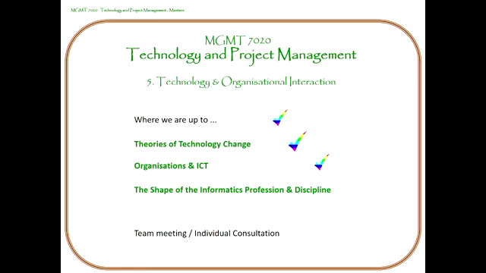Okay, so I'm going to just push on if that's all right, and we'll cover another little area of knowledge. We've talked a bit about IT, we've talked a bit about organisations, and now I just want to talk about the shape of the ICT profession and the knowledge that's in it, and the shape of the ICT discipline, that is the academic area that does research and education in ICT.